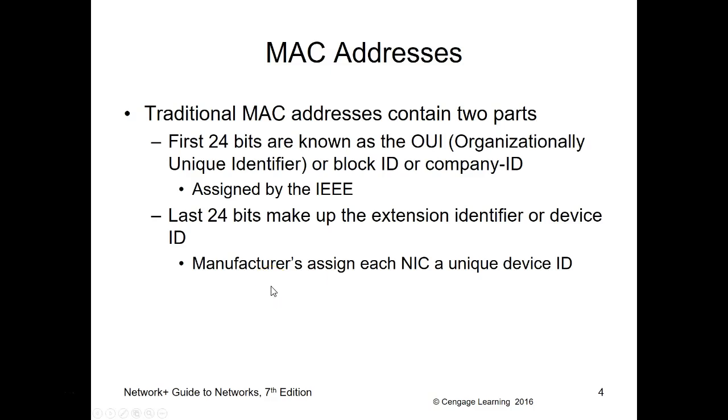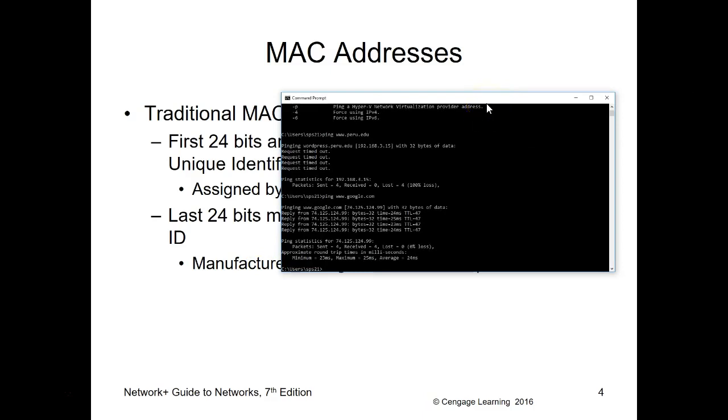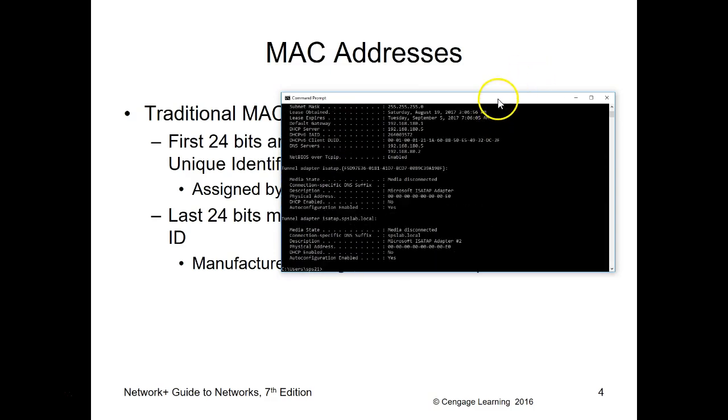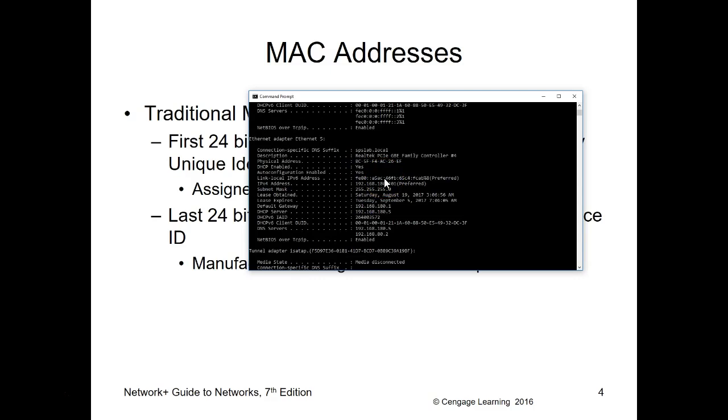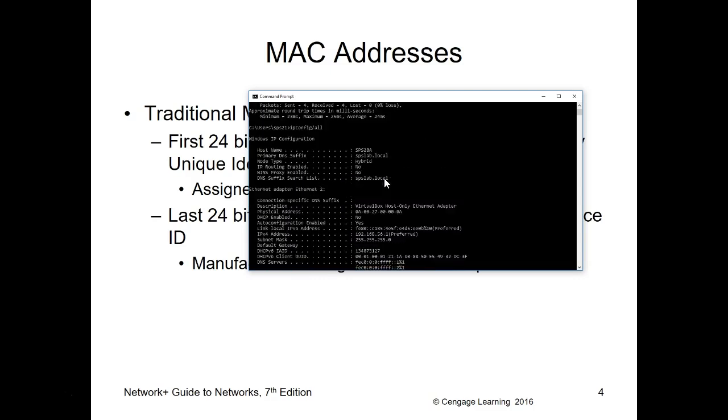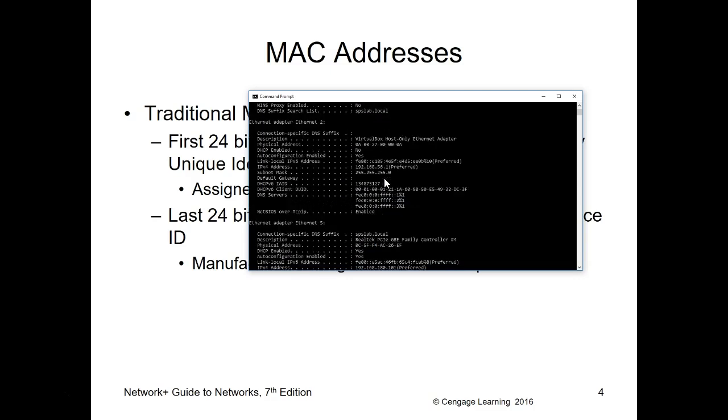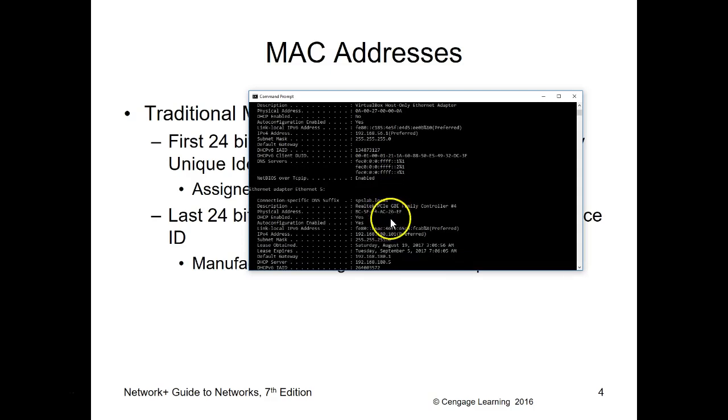Well, if you look on your own computer and you pop up that command window again, rather than take apart the computer and try to find these, if I do ipconfig /all, you're going to see up here that you have something called a physical address. It's my virtualization one. Can't hardly see on this monitor. All right, so there you're going to see a physical address on the screen.